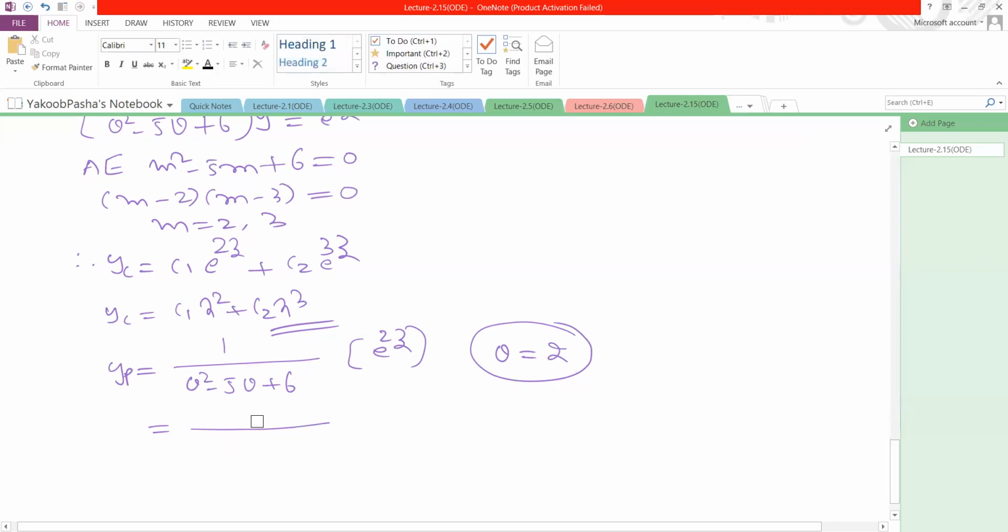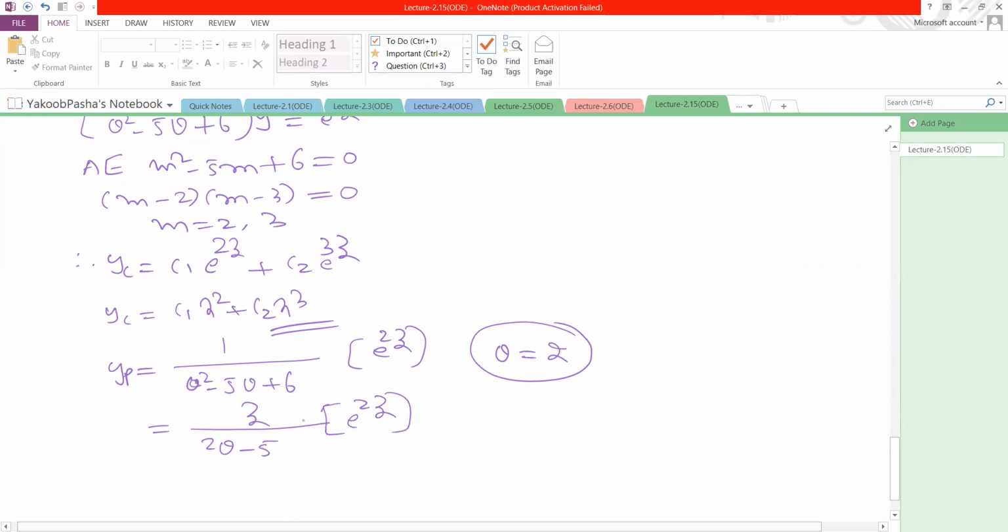When the denominator is 0, in a linear differential equation with constant coefficients, we take the numerator as x. Here the independent variable is z. We have to differentiate the denominator with respect to theta, that is 2 theta minus 5 e power 2z. Here the independent variable has changed.